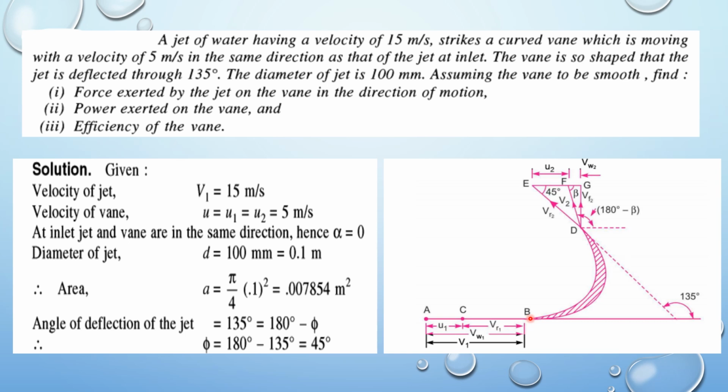So once you draw all these velocities in this figure, you will get a straight line. First you will draw v1 and then u1, join CB, and mark all these things, but the alpha angle is not given, so we will take alpha angle to be 0 degree and then solve the problem.